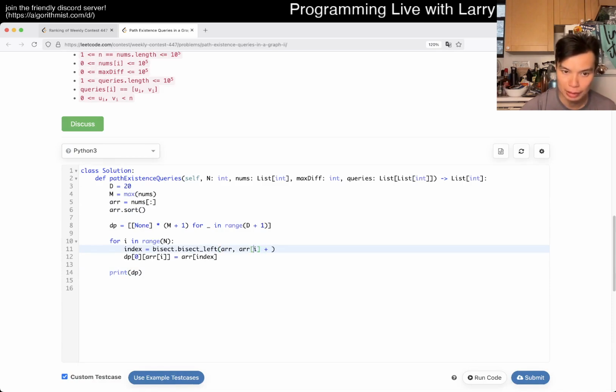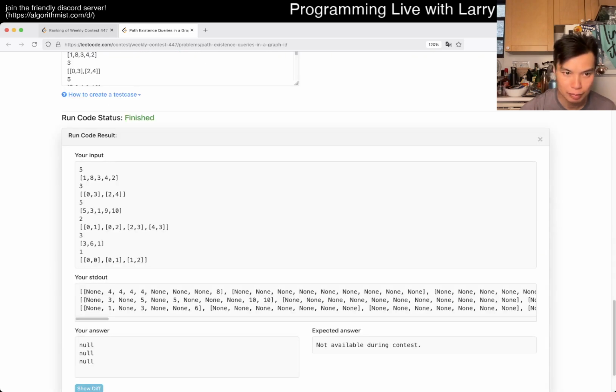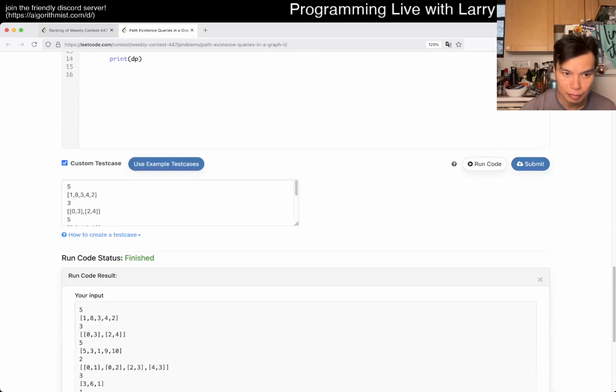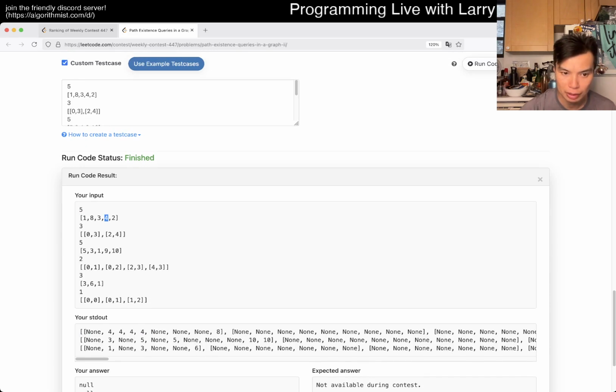So it should be bisect right plus max diff minus 1, and then this should give an error on some of them. Oh no. Okay. 1's biggest number is 4, 2, 3, 4. So in one operation you could go to 4. Maybe not itself. Maybe I should not count itself. But it's fine. Well, in one operation you can definitely get to itself. So maybe it's fine.